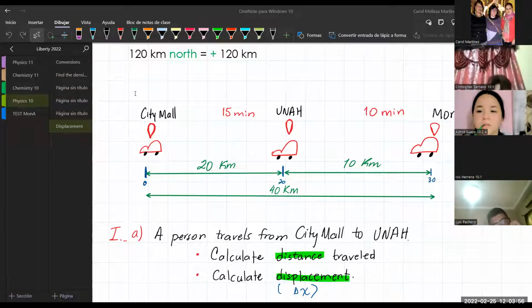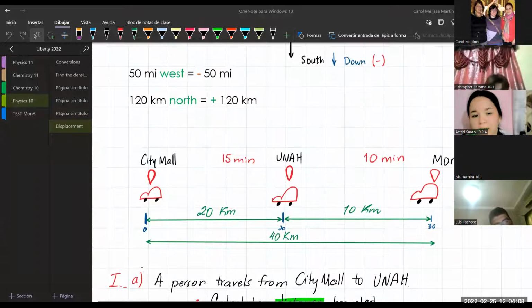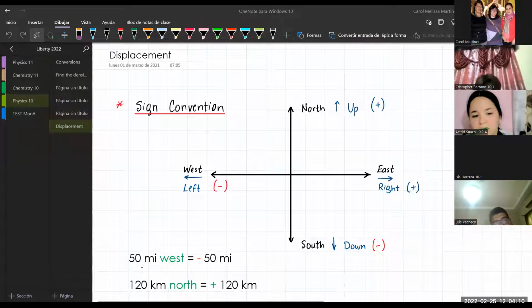Distance refers to how much there is from one side to another. Displacement refers to what I showed you earlier, the direction that people take.